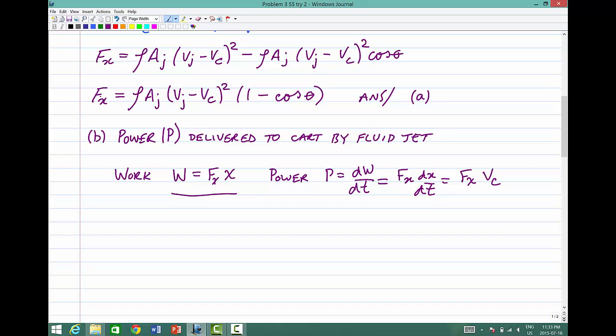And so what we're going to do now, let me do a different color here. We're going to take Fx and substitute it in here to get the expression for the power. Go back to purple here.